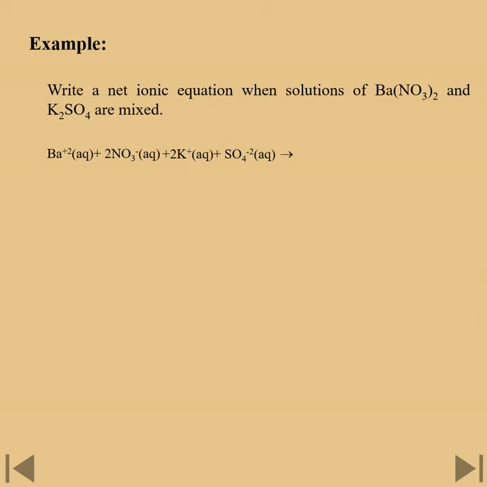Now for step 2, we know that barium is soluble with nitrate and potassium is soluble with sulfate. If not, then they wouldn't have formed solutions. But is barium soluble with sulfate or potassium soluble with nitrate? As we look at the table, we see that barium is not soluble with sulfate, and hence it's forming the insoluble precipitate, barium sulfate. And that's going to fall out of solution.